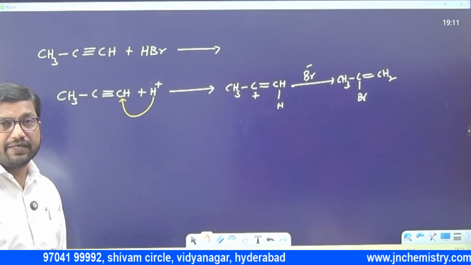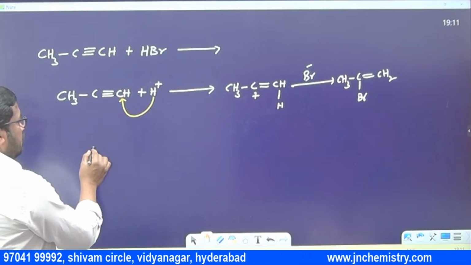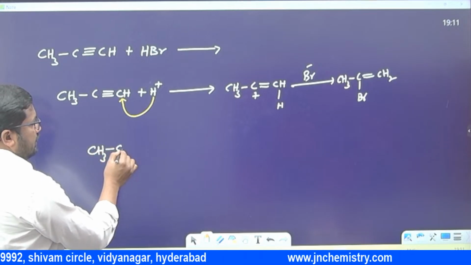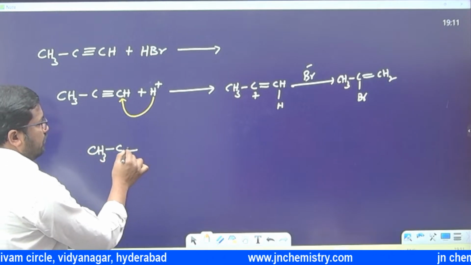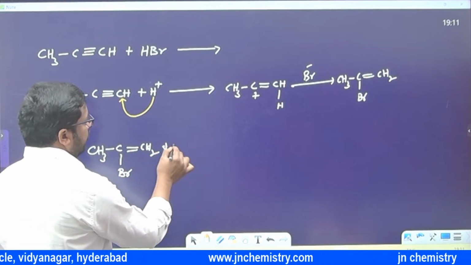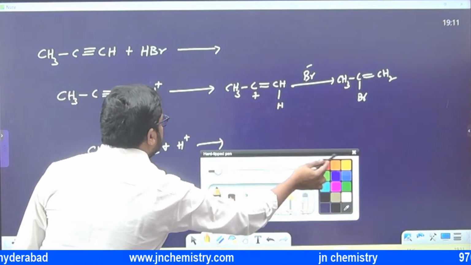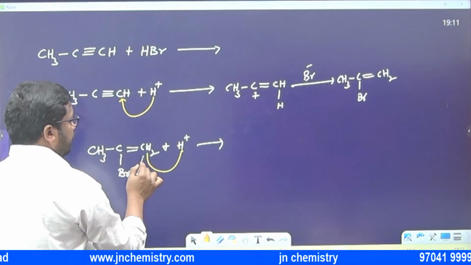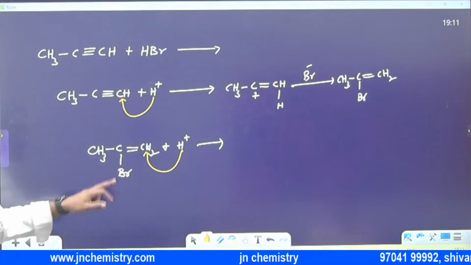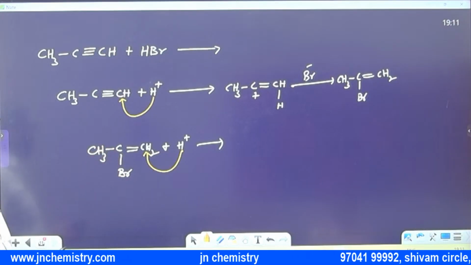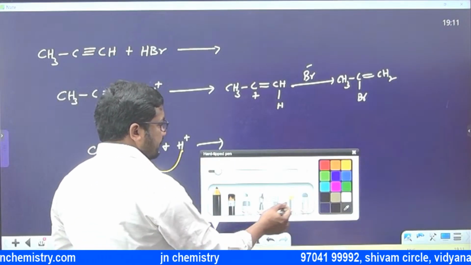So one more double bond is there, right? CH3, here is the Br double bond CH2, once again H plus. I told you the H plus will attack here itself because the carbocation is more stabilized by resonance.